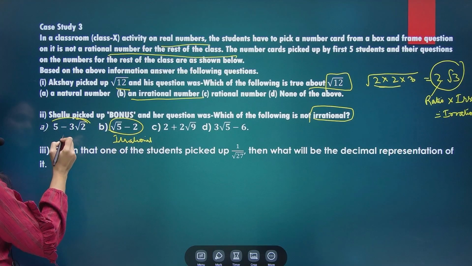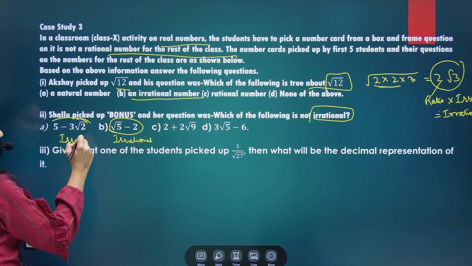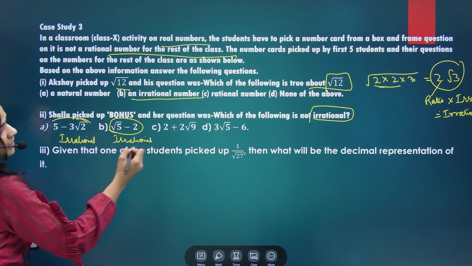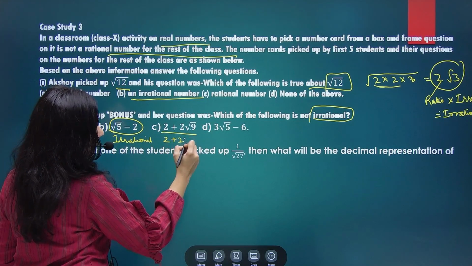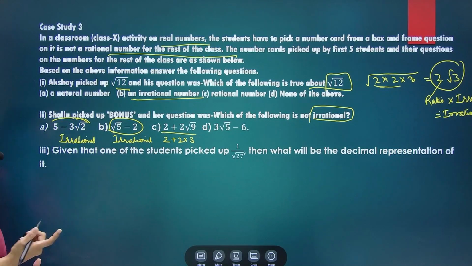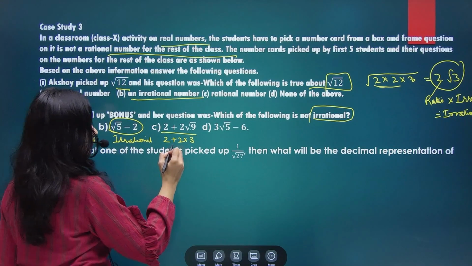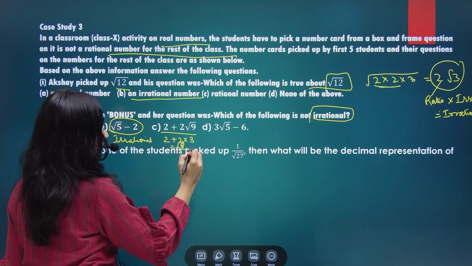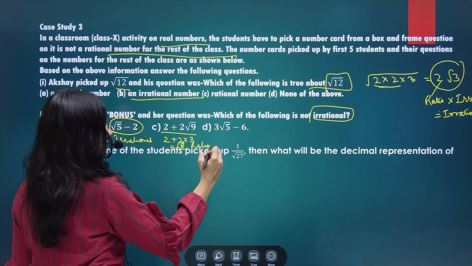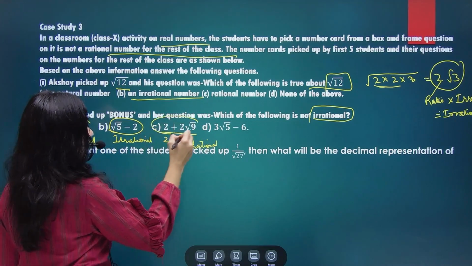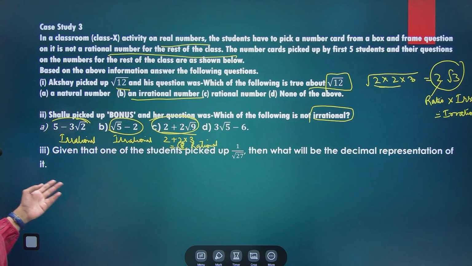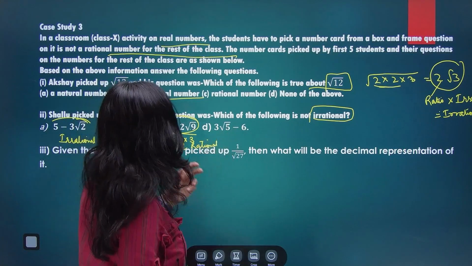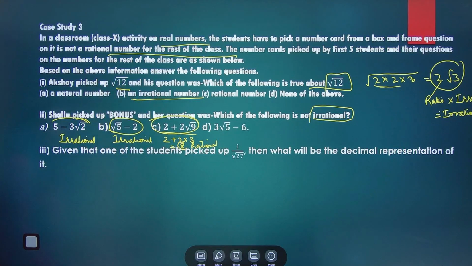अब इसको further solve करेंगे. इसको फर्दर सॉल्व करेंगे. 2 + 2, रूट 9 की वैल्यू 3 होती है. Square root of 9 is 3. So आप इसे सॉल्व करिए. This will come out to be 8 which is a rational number. Straight away let's just pick this option that this is not irrational. Fourth को चेक करने की ज़रूरत नहीं है because this was an MCQ question. तो ये irrational है.